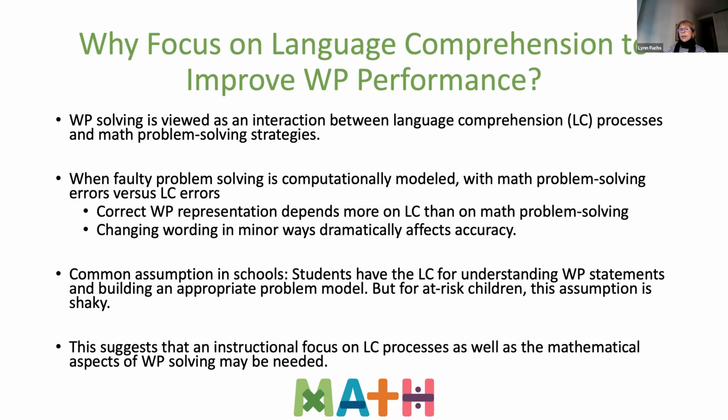But when faulty problem solving is computationally modeled using math problem solving errors versus language comprehension errors, the correct word problem representation actually depends more on language comprehension than on math problem solving. And when we change wording in only minor ways, that dramatically changes the accuracy of students' word problem solving.